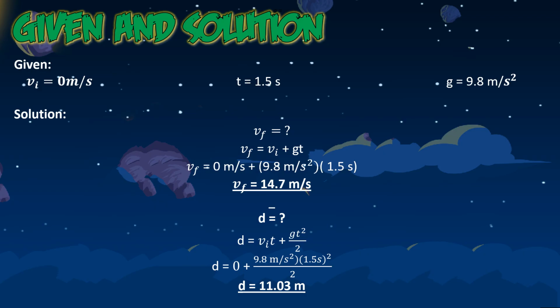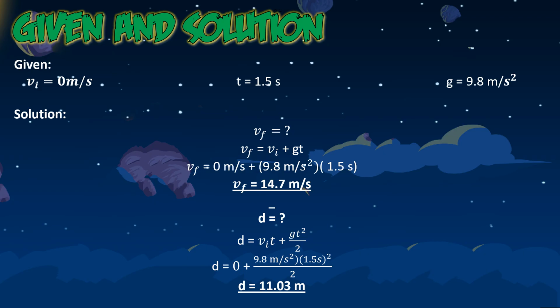First, let's solve for the final velocity. Final velocity is equal to initial velocity plus gravity times time. Substitute all the given. 0 meter per second plus 9.8 meter per second squared times 1.5 seconds is equal to 14.7 meter per second. And lastly, let's solve for the displacement.